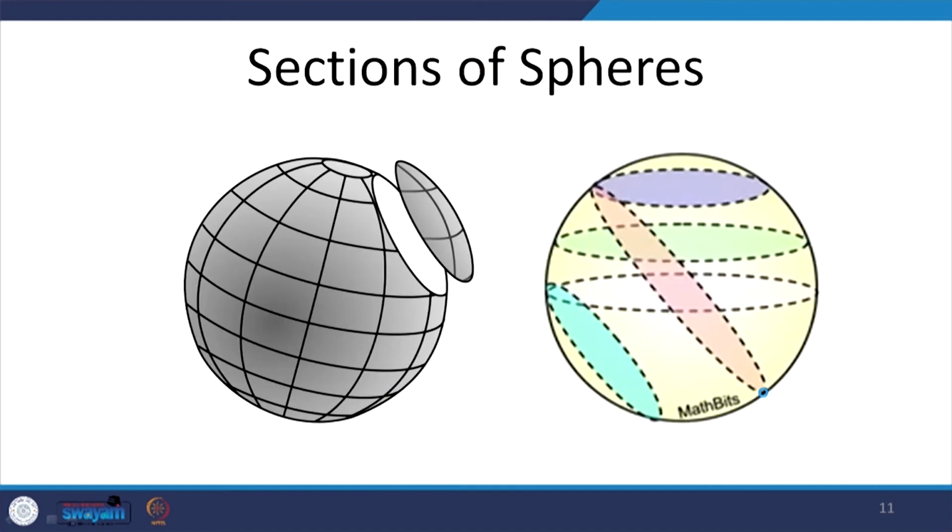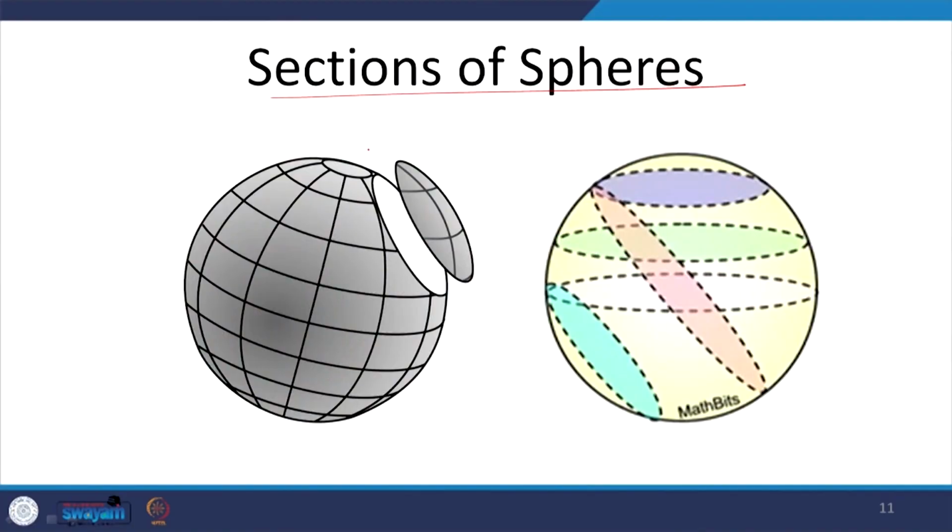The last one is the section of spheres. Section of a sphere, wherever you cut it from, will actually be a circle. Just as the orthographic projection of a sphere, from wherever you look at it, will always be a circle, similarly wherever you cut the sphere from, it will be a circle. Why will it be a circle?